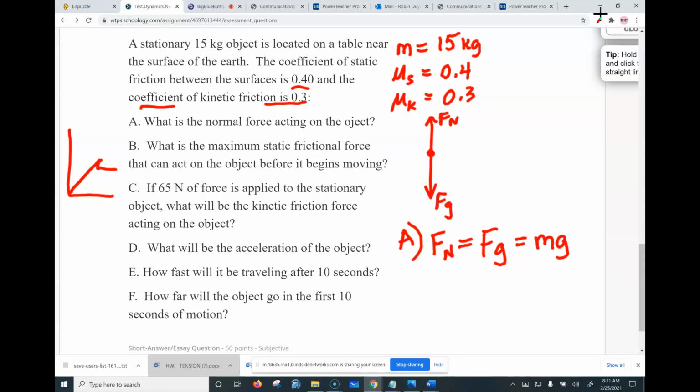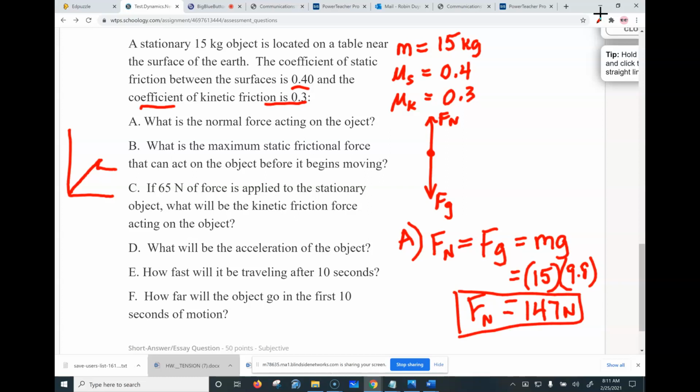I know it's going to be mg, and then put your numbers in. 15 times 9.8 turns out to be 147 newtons. That is my normal force. Okay?